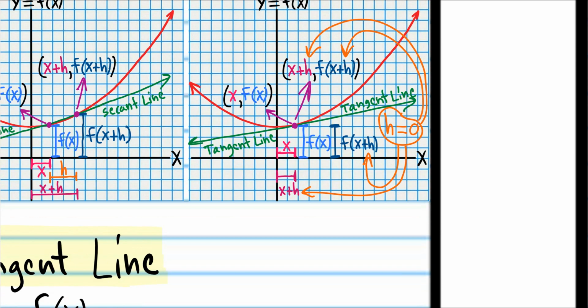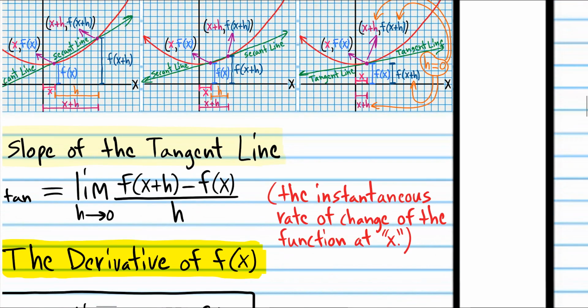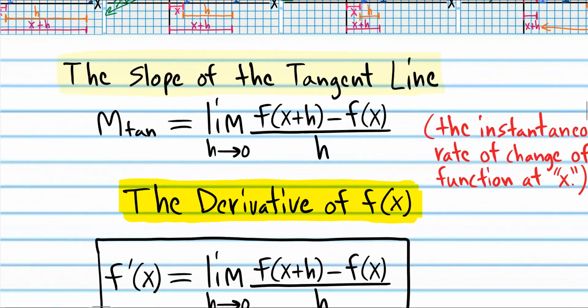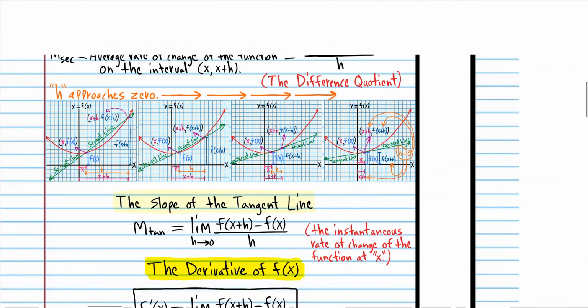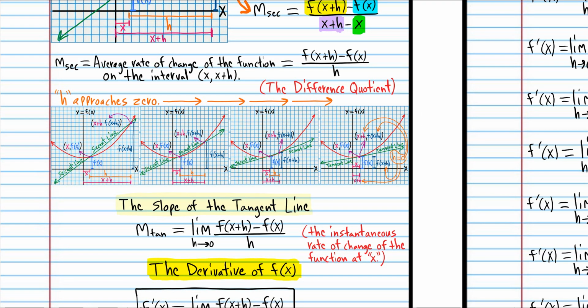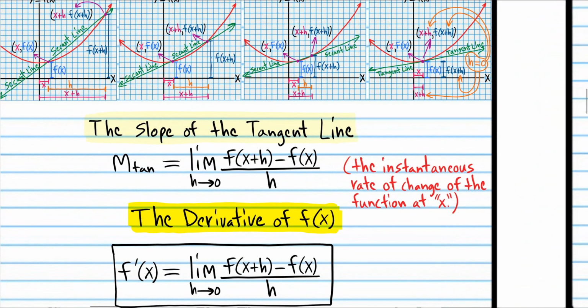And in order to do that, we're going to use a limit, because remember, limits are all about finding a number that an expression is approaching. So we're going to find the limit of this difference quotient, the limit of the slope of the secant line as h approaches 0.